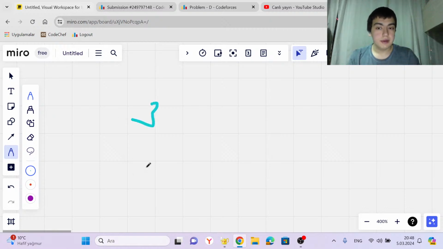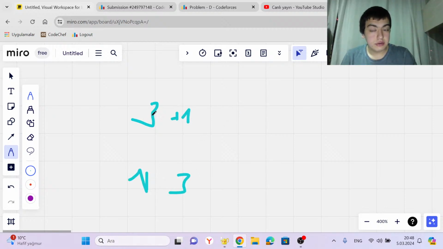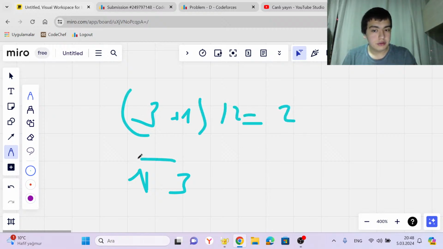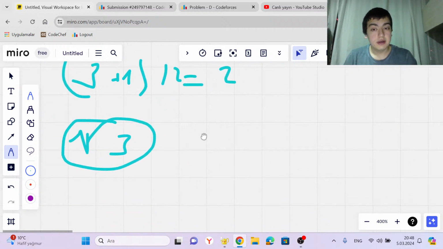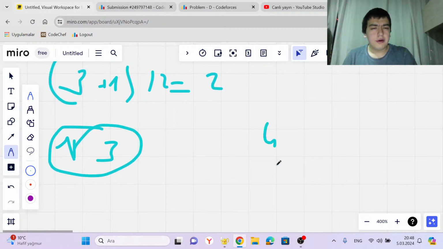How many odd numbers are smaller than or equal to 3? 1 and 3. So I'm adding 1 to 3 and dividing by 2, which equals 2. So we have found the correct answer. Let's think of 6.